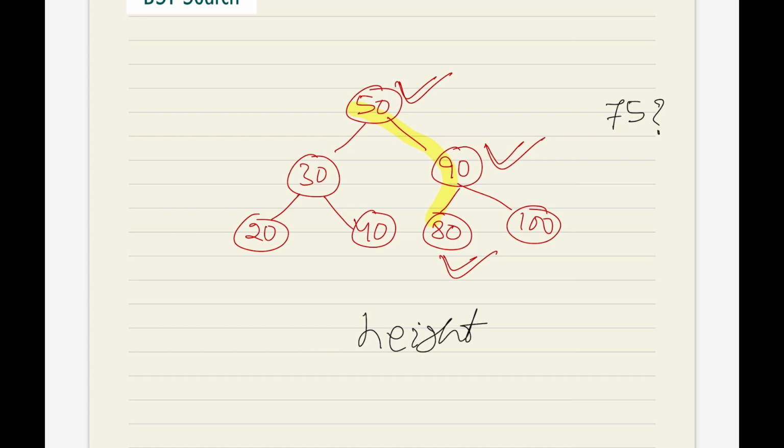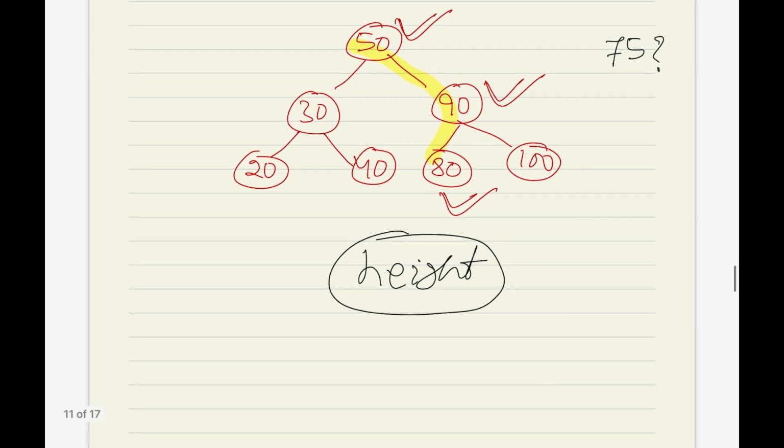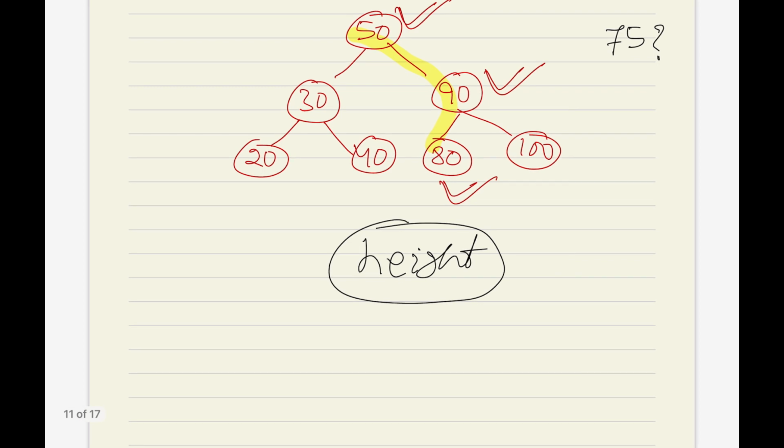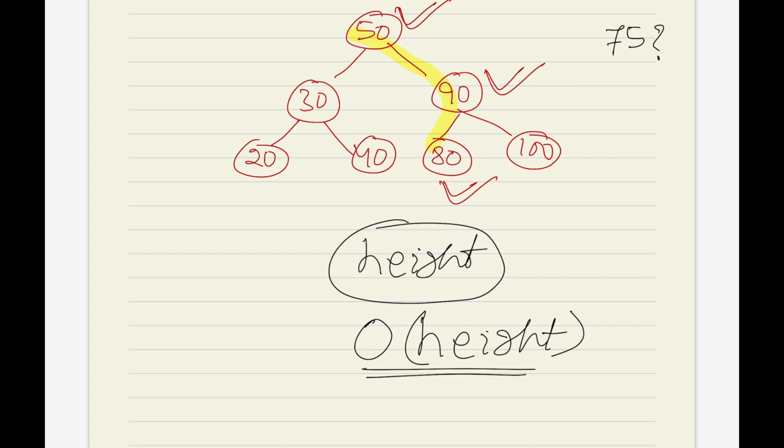The path from root to leaf is the height, the path length we have already discussed. So the searching operation requires order of height, or we can say the searching operation has time complexity equal to order of height. So in a binary search tree the searching operation has time complexity order of height.